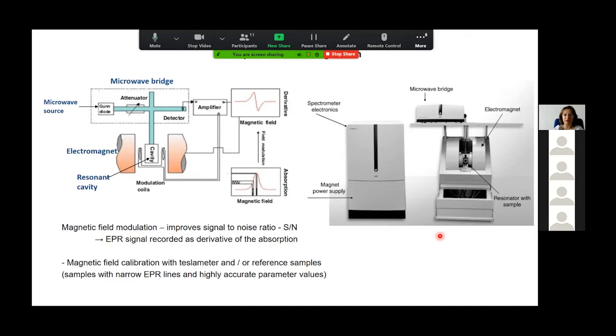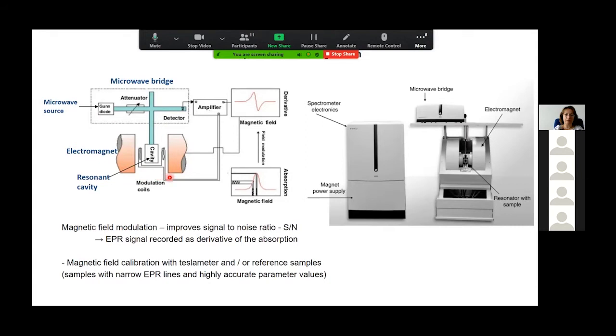So the main parts of this spectrometer are the microwave source. It's here called microwave bridge. Then we have microwave radiation going through a waveguide to the resonant cavity, which is situated in a magnetic field.